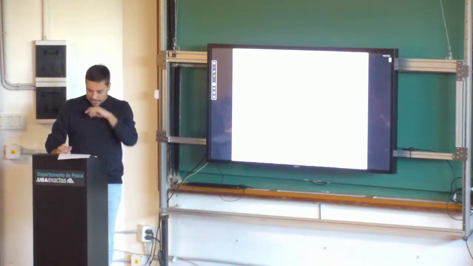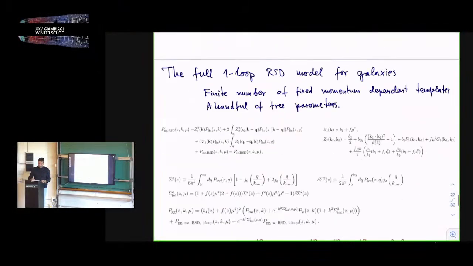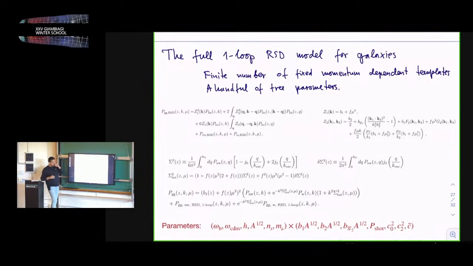Okay, so in the last 10 minutes, if I have time, I wanted to show you how all this works. I was not very detailed today. I gave you some idea how to go from what we did for dark matter to galaxies and then to redshift space. Now you cannot read these slides because they're too small, but it doesn't really matter. All that I want to say is that if you want to compute the one loop power spectrum for galaxies in redshift space, there will be a finite number of ingredients, which is not so different at the end of the day from dark matter.